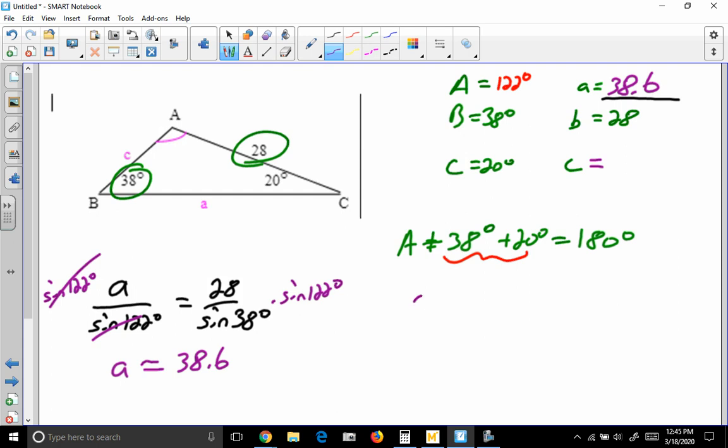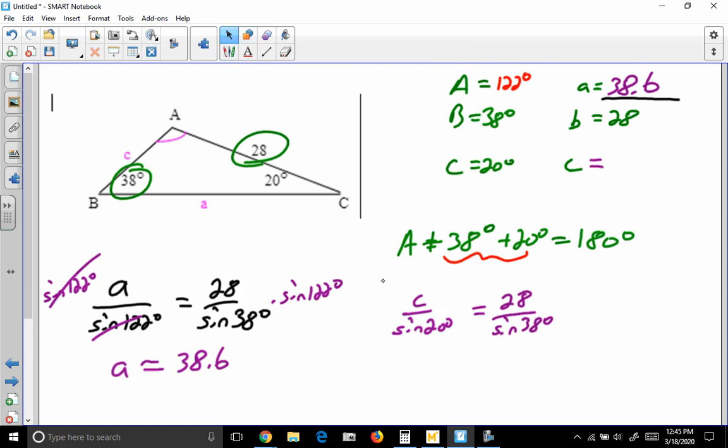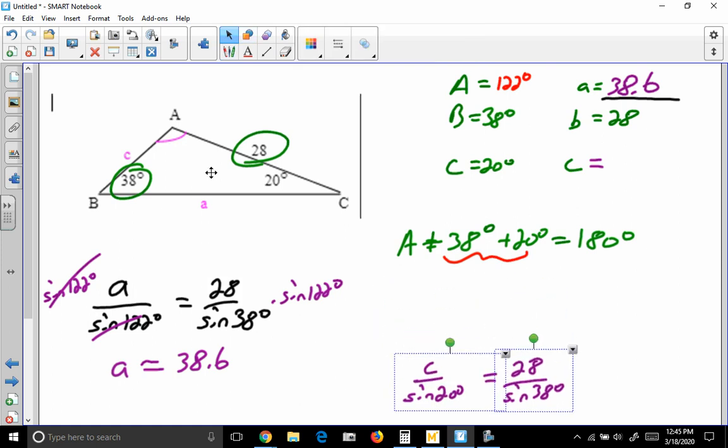We would do c over sine of its angle, and we could use either angle-side pair we have. I like to use the one that we were given, since a is rounded, so let's use this one: b over sine of its angle. Now we can get c by itself.